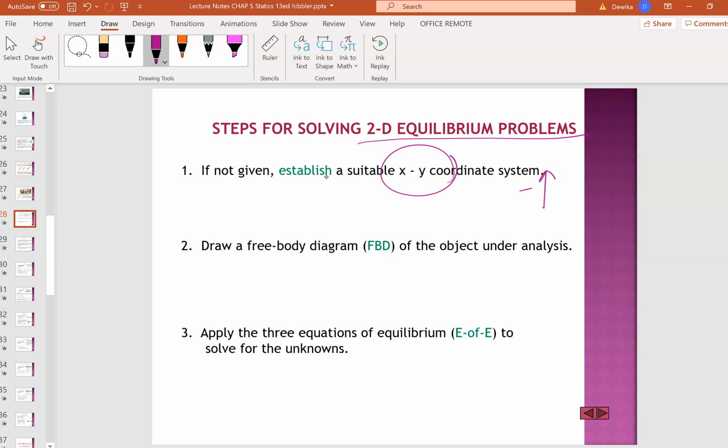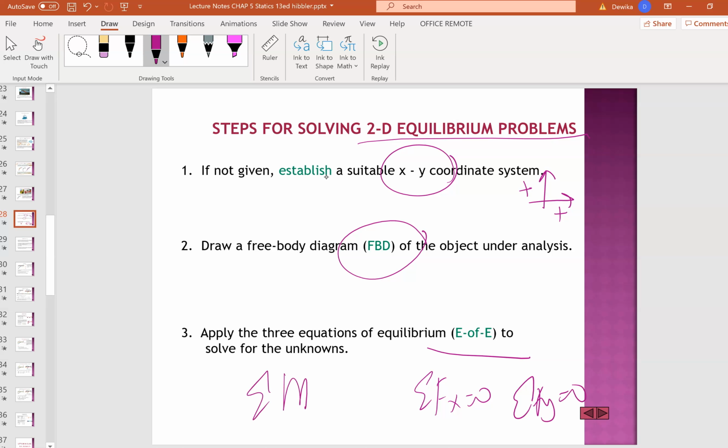You call this positive, and this positive. Then draw your free body diagram. Then you apply your equations of equilibrium: your sum of Fx equals 0, your sum of Fy equals 0, and then your moment. Which point you want to take as 0, A or B, depends on you and on the question.